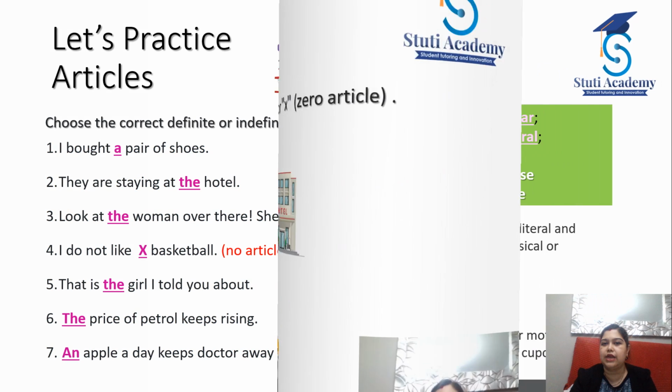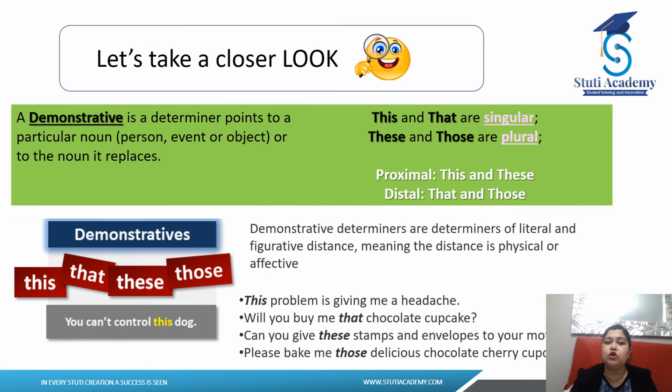Now let's go to the next one, demonstrative determiners. A demonstrative determiner points to a particular noun, which is a person, event, or an object, or to the noun it replaces. Like we have these words, this, that, these, those. So they're talking about proximity. Proximal means close to you and distal means away from you.